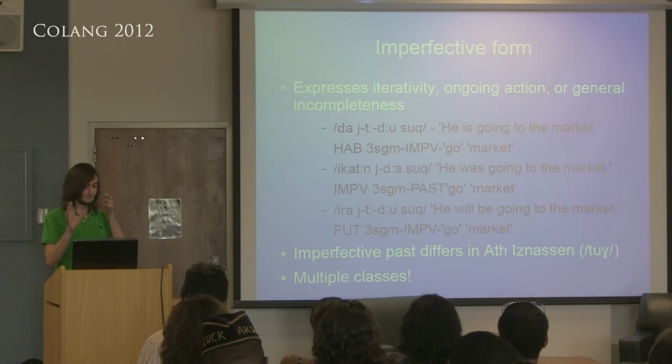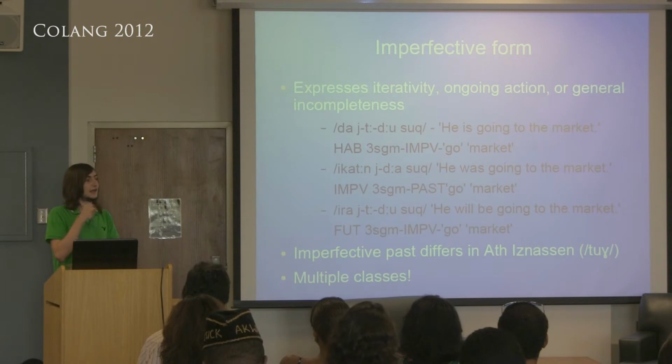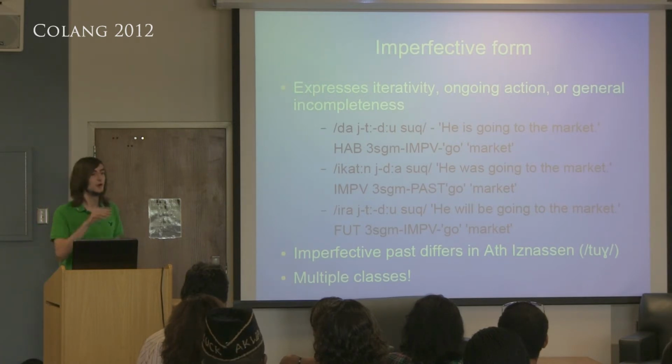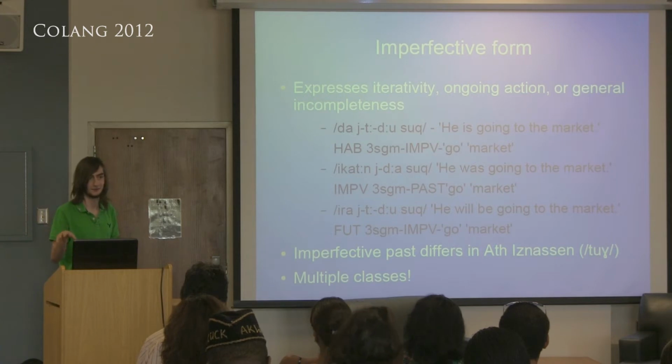And like I say at the bottom, this is just for one class of verbs. There are at least 2 other verb classes that I've noted. Some classes, instead of inserting a geminate T to mark the imperfective form, will simply geminate the first consonant of the verb. I have an example of that later on.